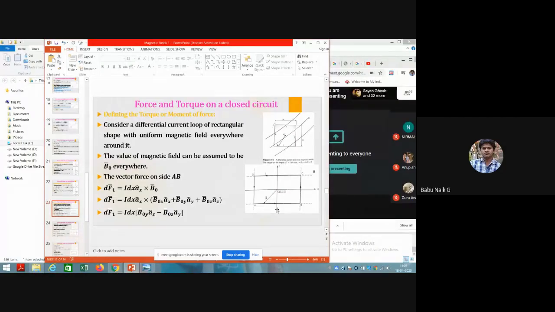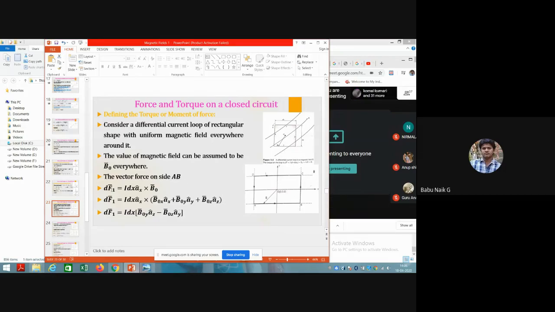The thumb direction is your current direction, and the four fingers folding is your magnetic field direction. With these two, what will be your force? We are going to calculate it now. You can take down the A to B vector, the AB length here.